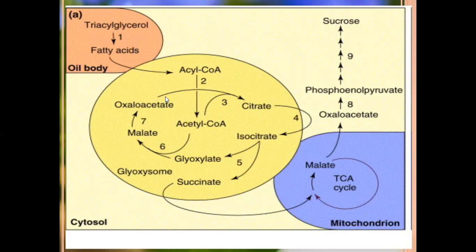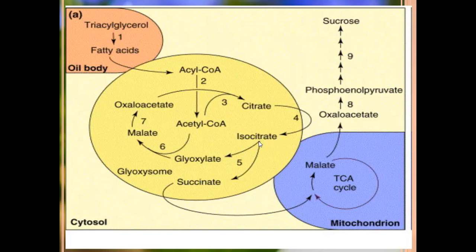The 6 carbon atoms of isocitrate formed in the glyoxysomes are involved in the bypass reaction. It cleaves into two parts: 2 carbon atoms of glyoxylate and 4 carbon atoms of succinate.